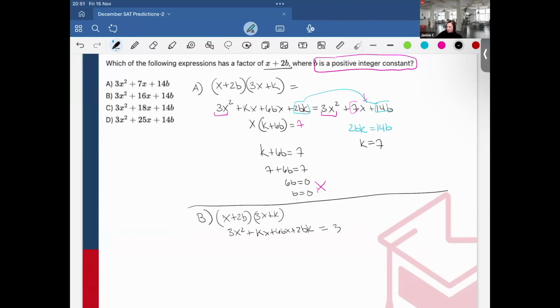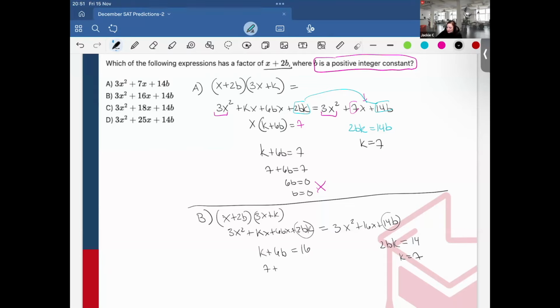And this will be equal to, now I'm doing B, 3x squared plus 16x plus 14b. And then again, I can see that 2bk equals 14b. That's going to be true in every case. So again, I get that k is equal to 7. And then here it would be that k plus 6b is now equal to 16.